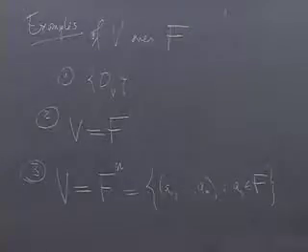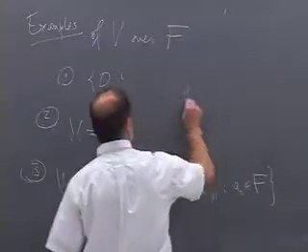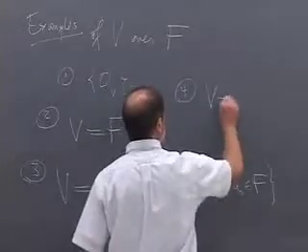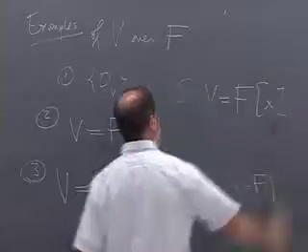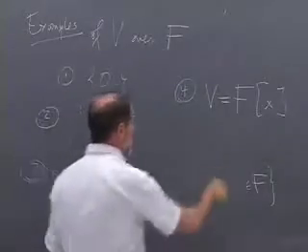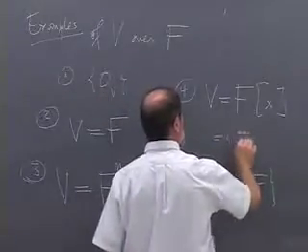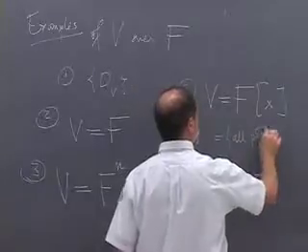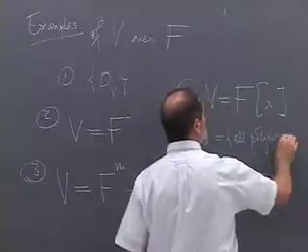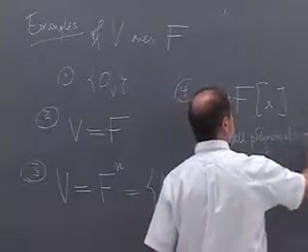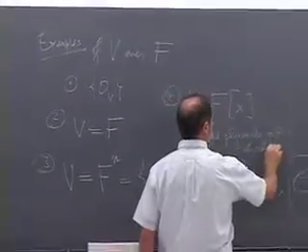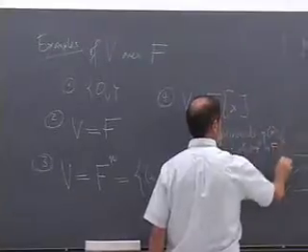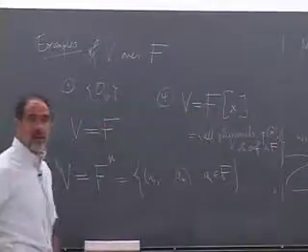A more interesting example of a vector space, here's one that we're going to study a lot later. I'll denote it like this: F[x]. That's the vector space of all polynomials p(x) with coefficients in our field F. That's a much more interesting vector space.